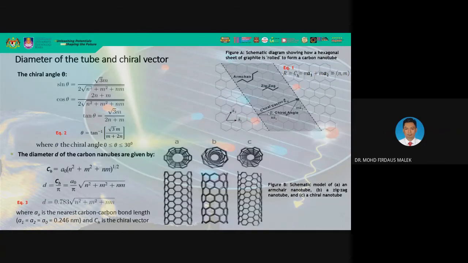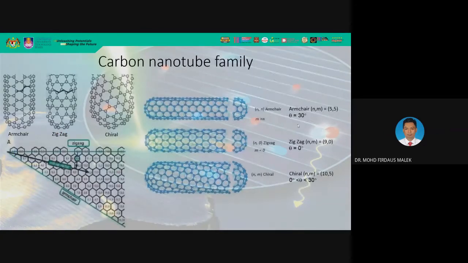Theta must be between: for armchair it is 30 degrees, zigzag is 0, and for chiral it is between 0 and 30 degrees.